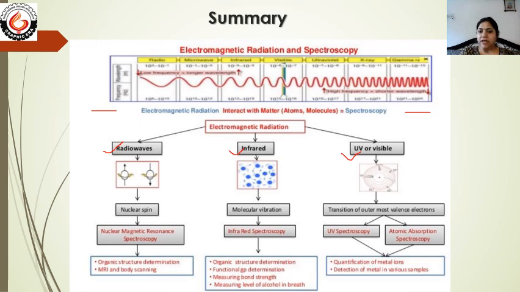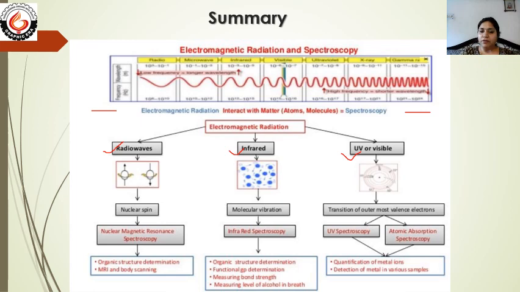So that's why in case of UV or visible spectroscopy, the transition of the outermost valence electron takes place directly. It requires a large amount of energy, and UV rays are able to make such types of changes. The UV or visible light is utilized in UV spectroscopy and atomic absorption spectroscopy also. Although atomic absorption spectroscopy is not in your syllabus, so concentrate only on UV spectroscopy.